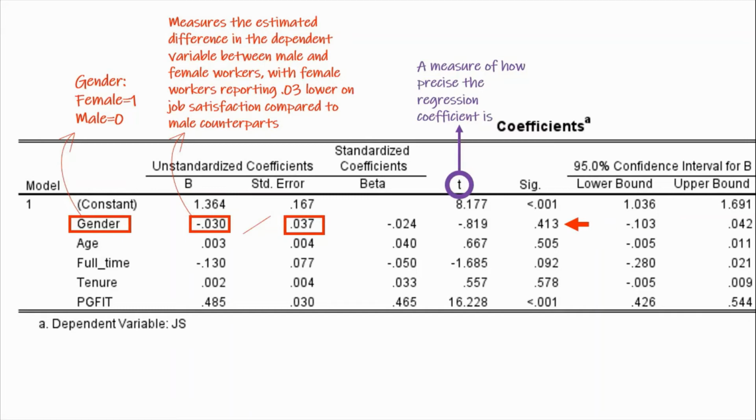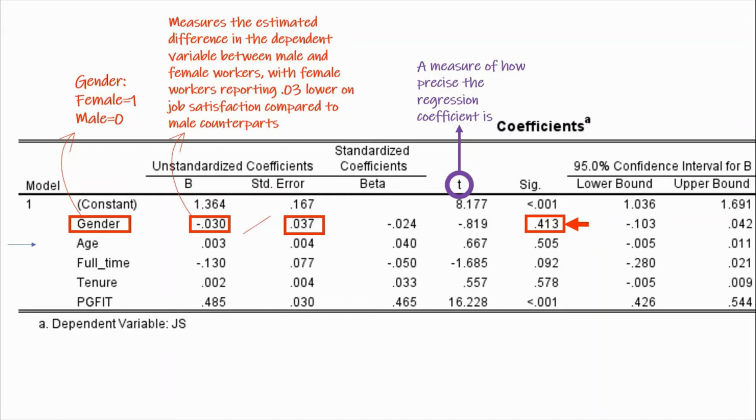And if a regression coefficient is large compared to its standard error, then it's probably different from 0. And you can see that here, the size of the regression coefficient isn't large at all when compared to its standard error. So it's no surprise that this estimate isn't very precise and ultimately is not statistically significant. So that's all you need to know for the t-statistic.